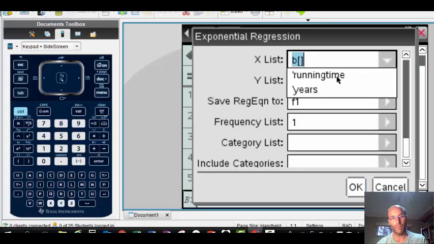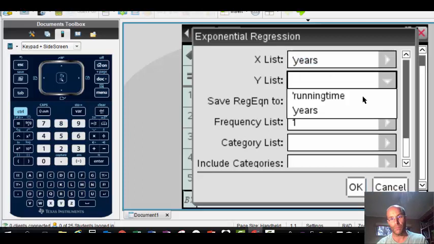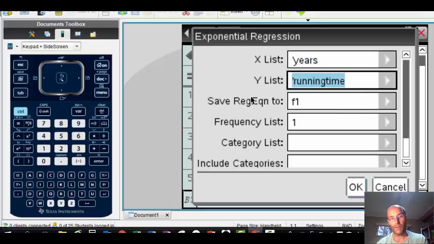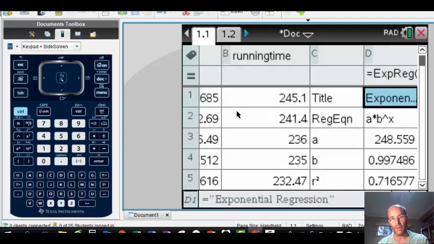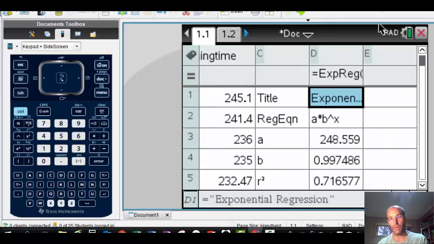I've got in my X list, years, and running time. Save the equation to function 1, that's fine by me. There's only one of each, so frequency list stays at 1, and then bang. So let's have a look at that.